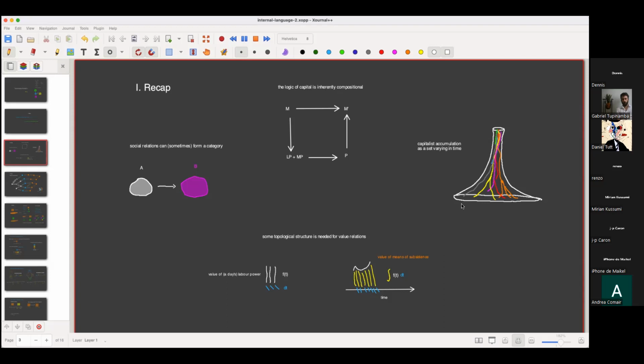Some of them are merging to form larger capitals. And then some of them are stagnant. All these different biological metaphors for capitalist accumulation, I think a good setting for that would be this sets varying in time. Obviously, there's a lot more there; this is just a very cursory examination of that using this formalism.